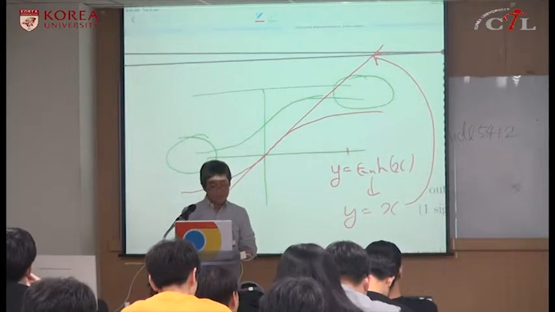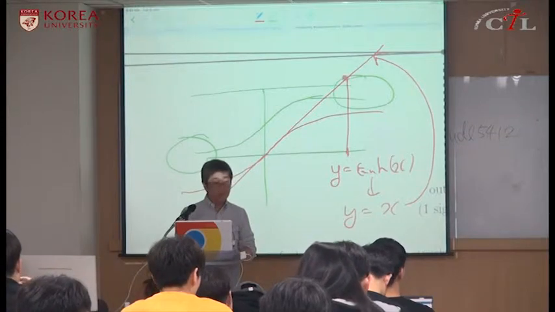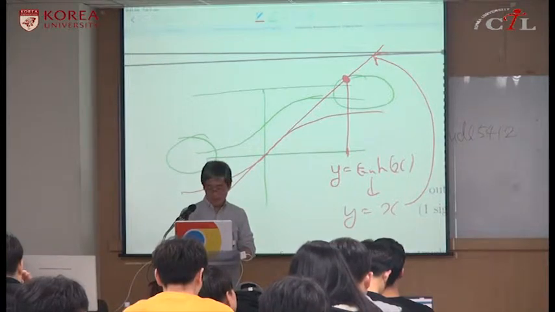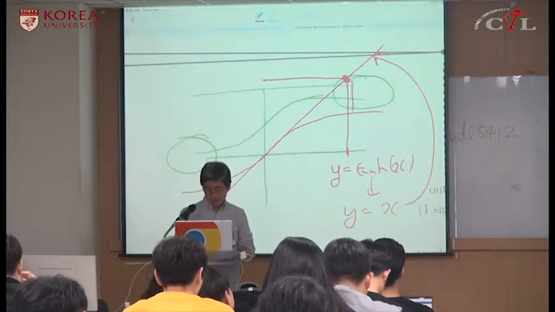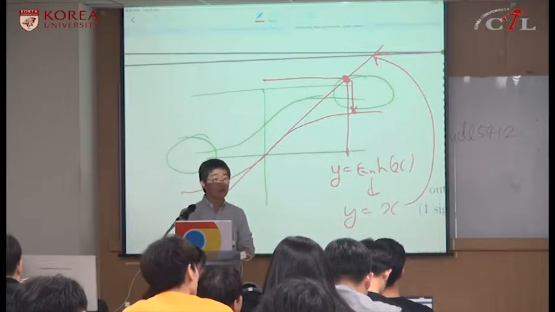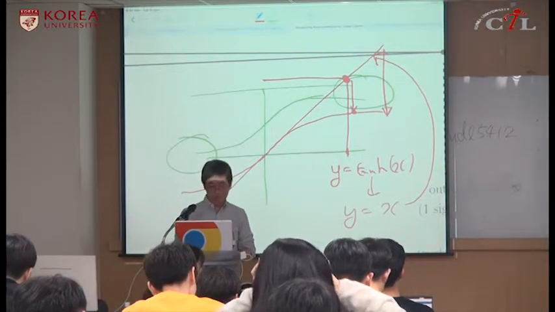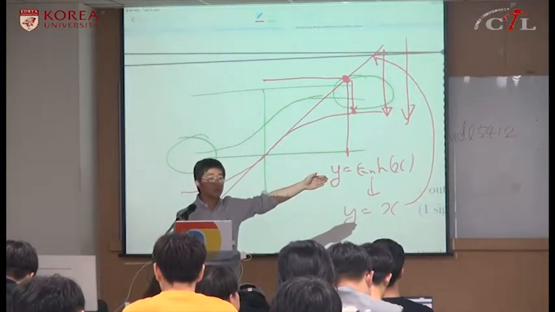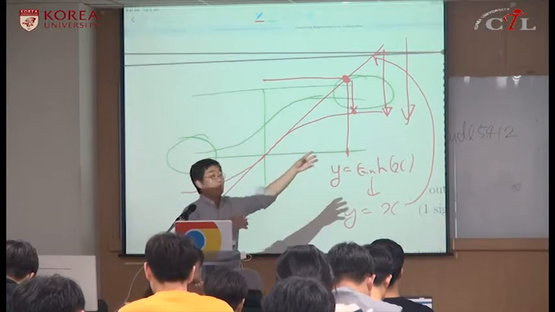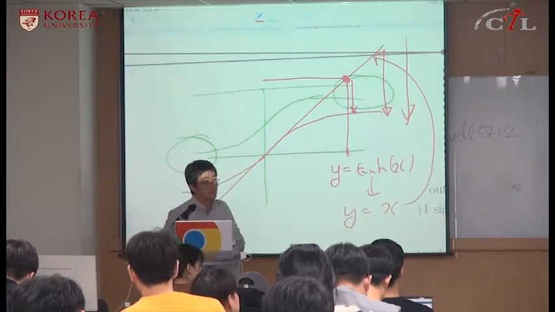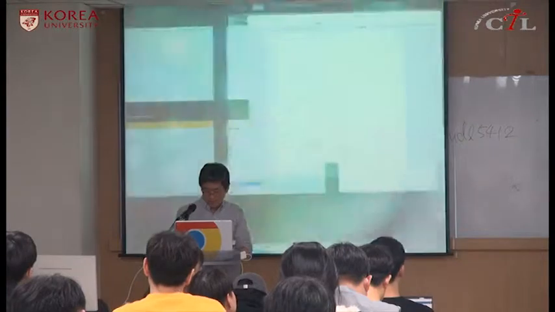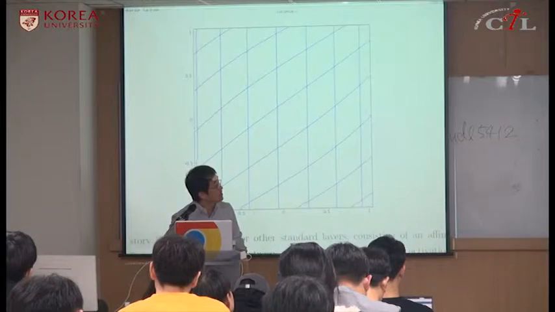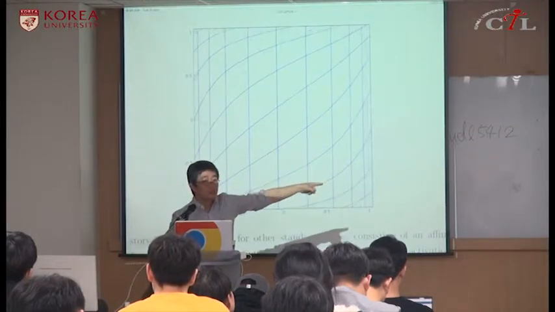Given this input, the output should be here in case of no transformation or distortion, but this much value is actually squashed into a much smaller value, and the degree of squashing gets larger and larger as we get farther and farther from the origin, right? So that region is squashed much more, and that is the effect that we see at the extreme regions at that corner.